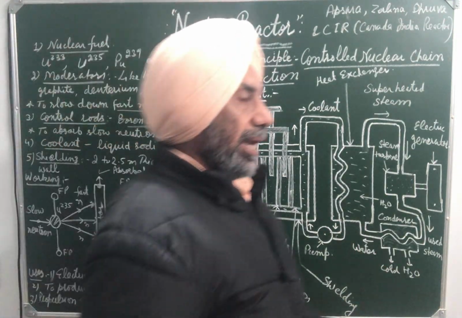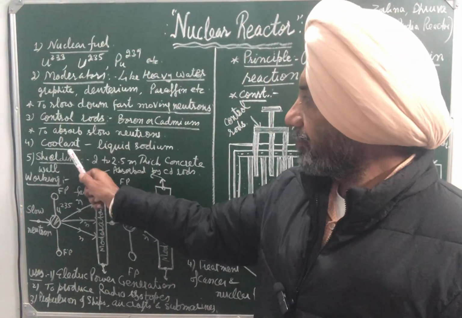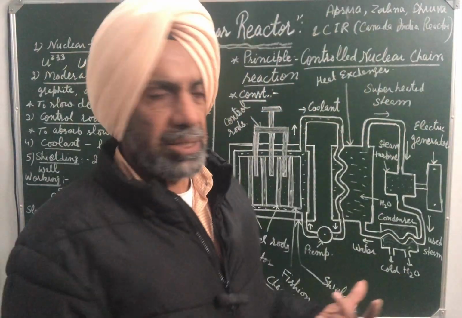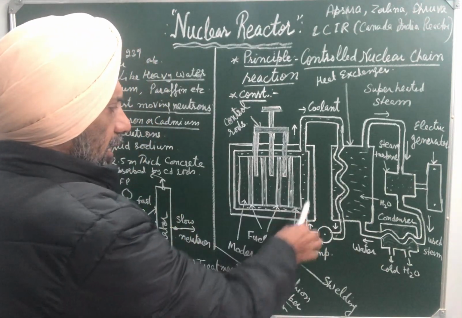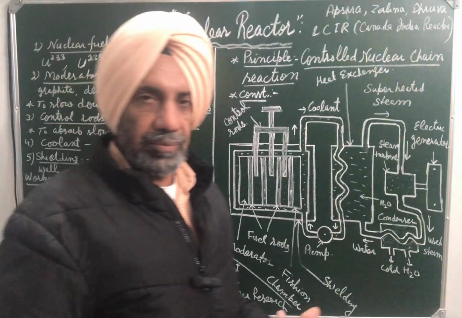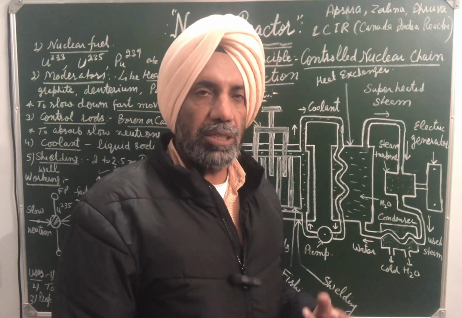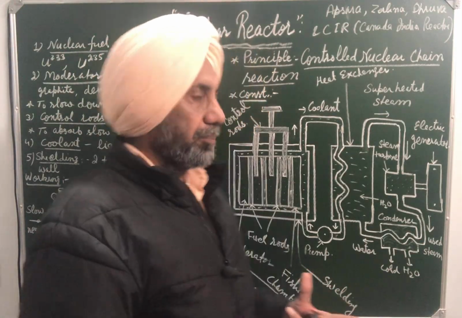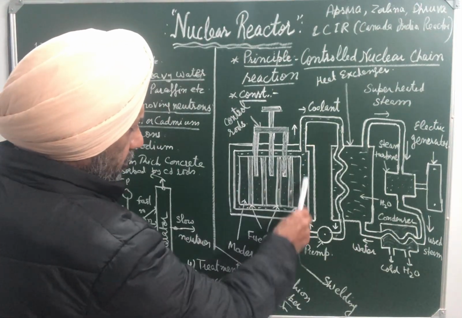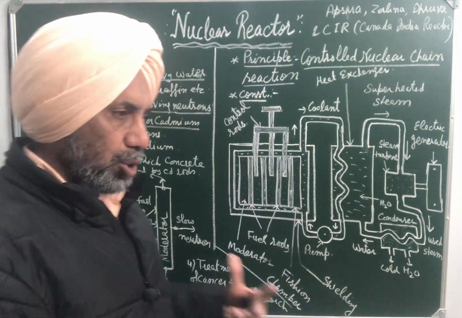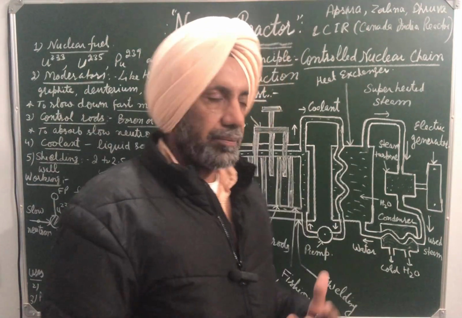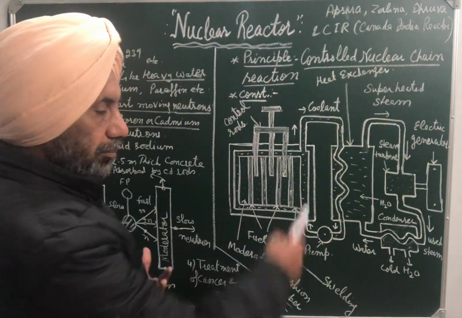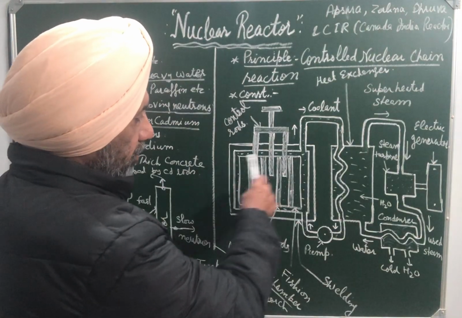Then we have a coolant. At low temperature we can use heavy water, but at high temperature the coolant used is liquid sodium. Here is liquid sodium, which absorbs the heat produced during nuclear fission of uranium atoms.